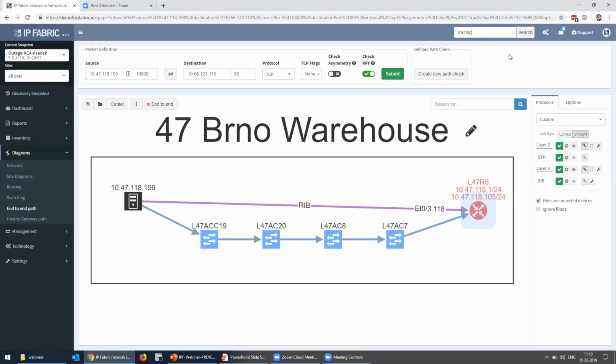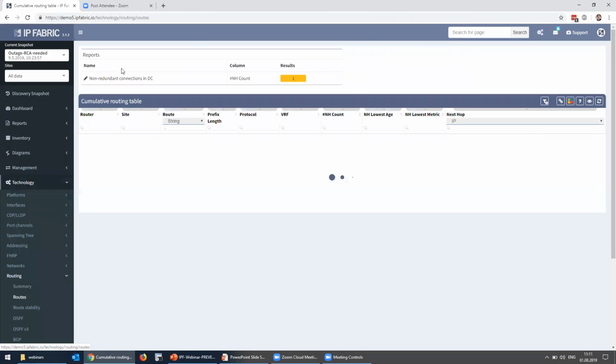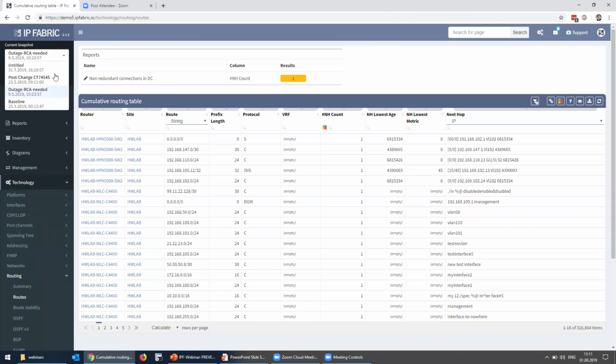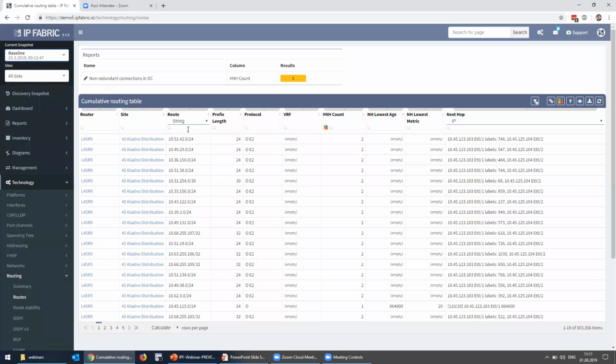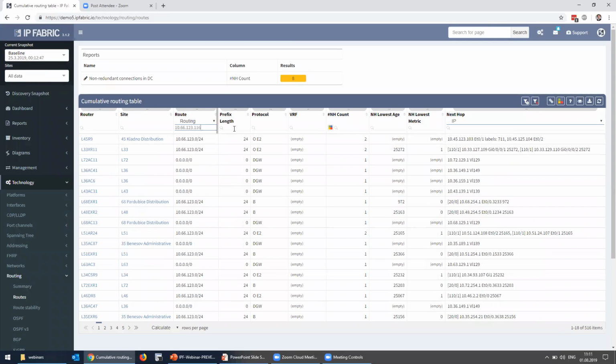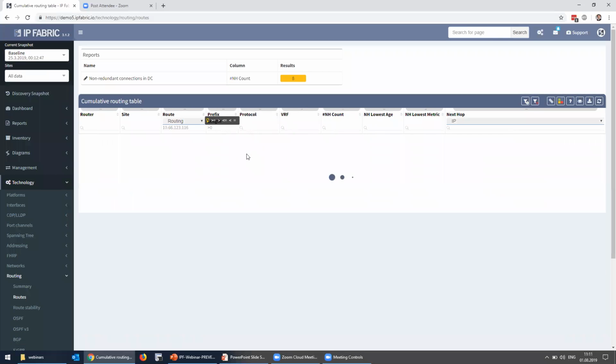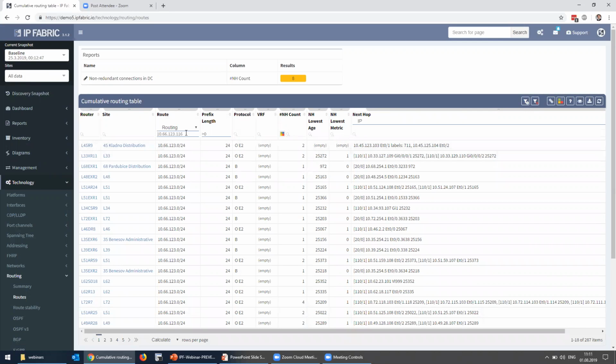We can look at it in more detail by looking at the routing tables. So if we would look at the overall routing tables and look at the situation during the baseline, we can look up on that route for a particular destination, eliminate the summaries, and we can see that the route to this destination was present throughout the network.